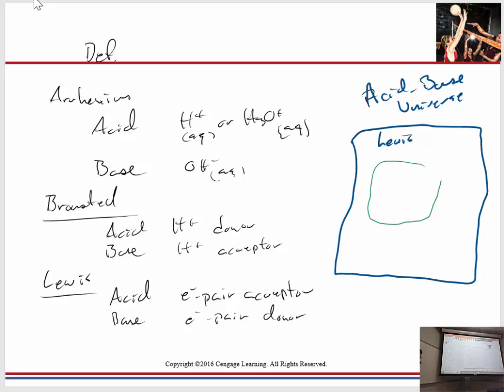And so it's a smaller part of the acid-base universe. This would be the Bronsted. And so all Bronsted acids are Lewis acids, but not all Lewis acids are Bronsted acids. And then Arrhenius is even a smaller subset of this.